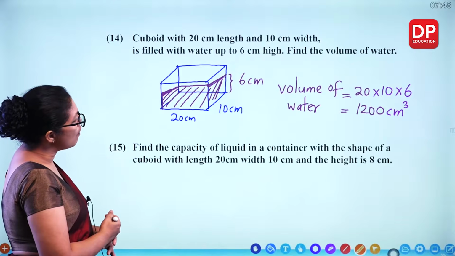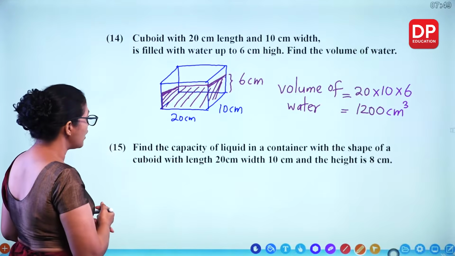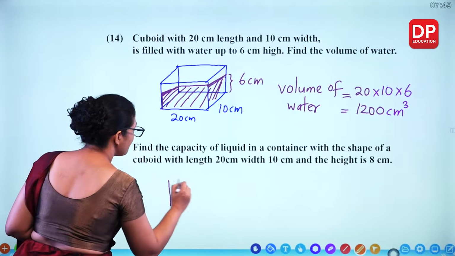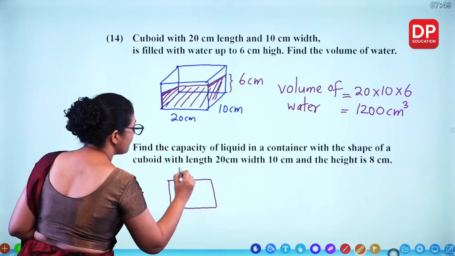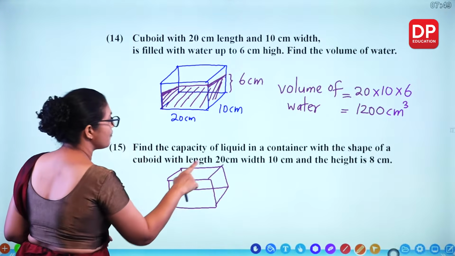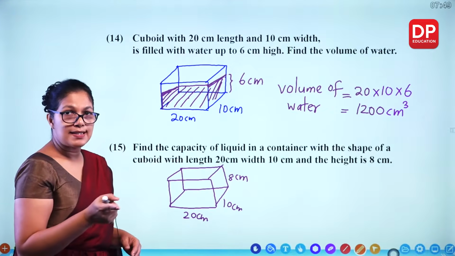Find the capacity of liquid in a container with the shape of a cuboid with length 20 centimeters, width 10 centimeters, and height 8 centimeters. So this is about capacity.